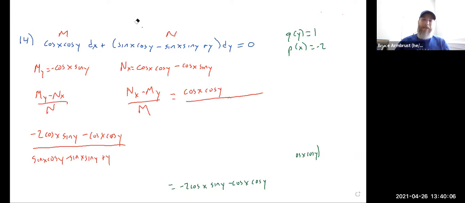I divided by my instead of by m. That's m. Which makes this 1. Okay, well, good news is that's really easy to integrate.